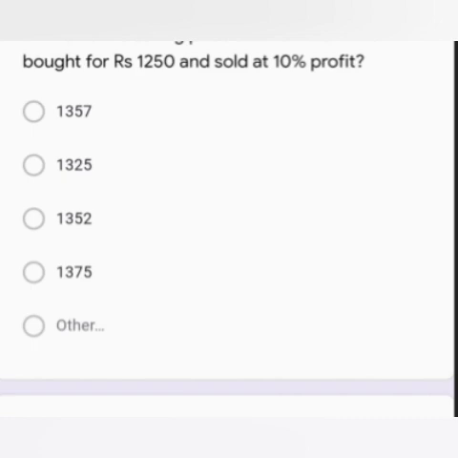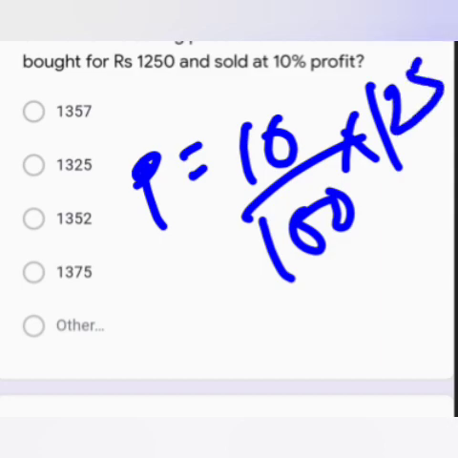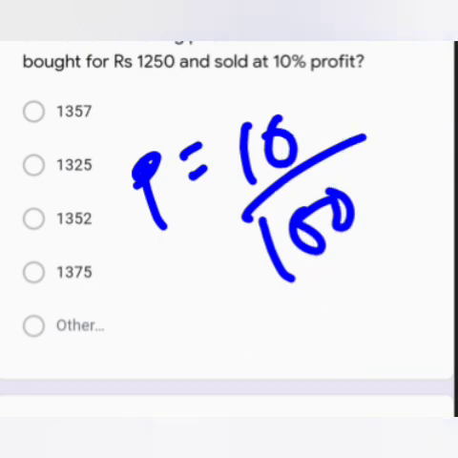It is bought at 1250, sold at 10% profit. Now first find out the profit. Profit will be equal to 10 by 100 multiplied by 1250. So see here, 0 0 cancel, 0 0 cancel. Your profit is 125.